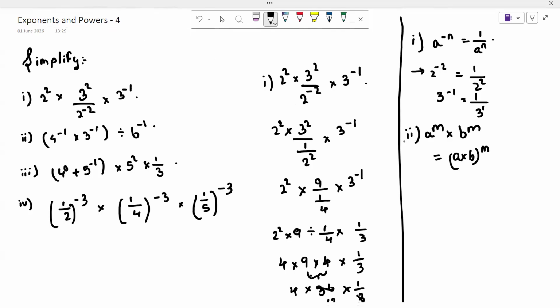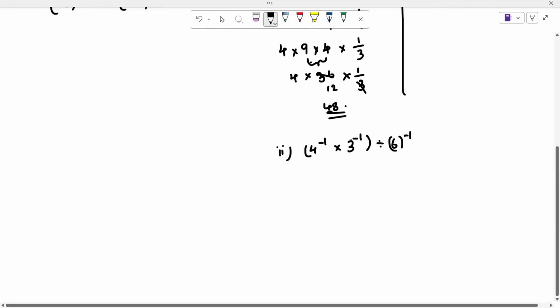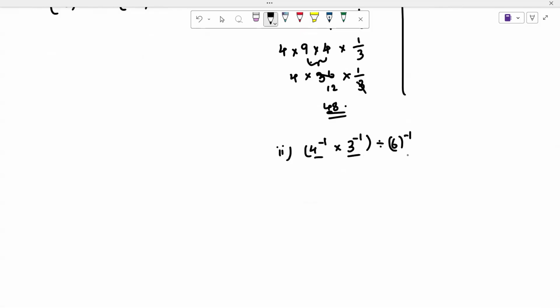That will make our process much easier. So here minus 1 and minus 1 exponent is common, but the bases are varying. So 4 into 3 whole power minus 1 divided by 6 power minus 1 will be our entire solution.